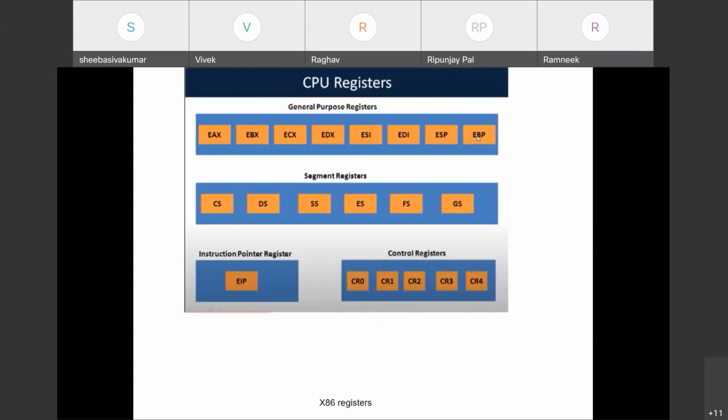These are the registers that we usually have: EAX, EBX, ECX, EDX, ESI, EDI, ESP, EBP. Then we have your segment registers. The most important register is the EIP register. EIP tells us where exactly the program is executing, on which particular instruction. You can think of it as a pointer to the currently executing instruction.